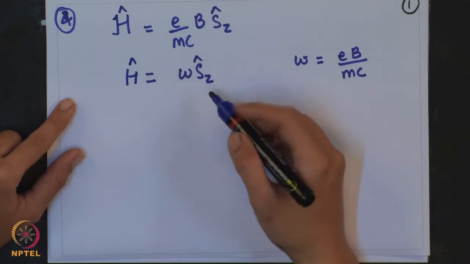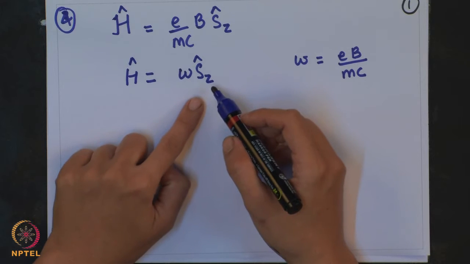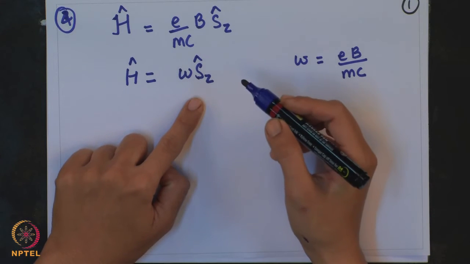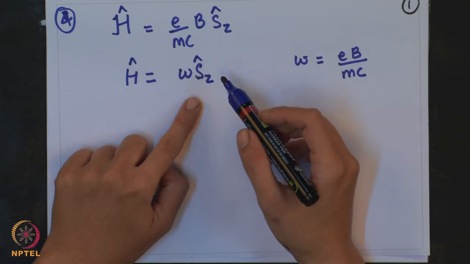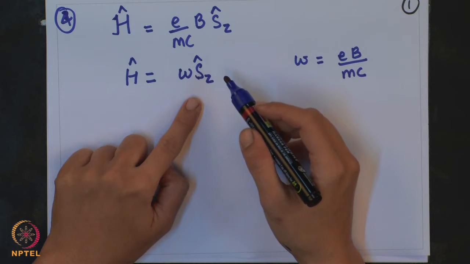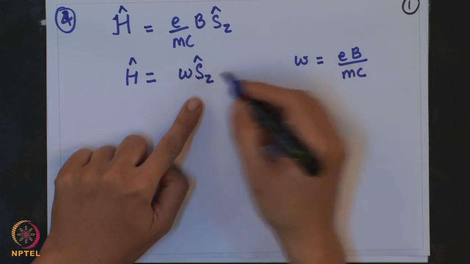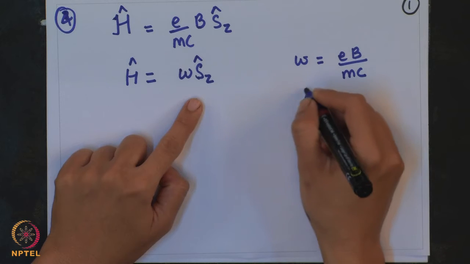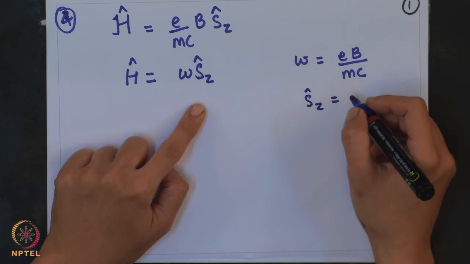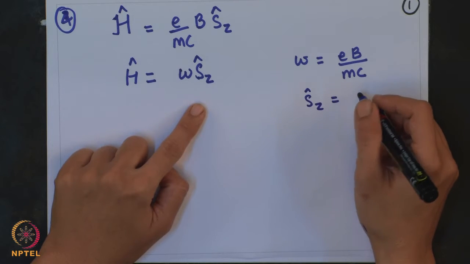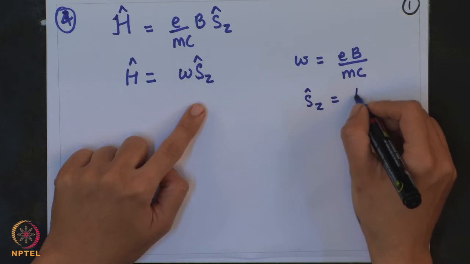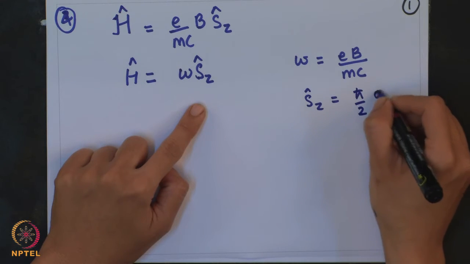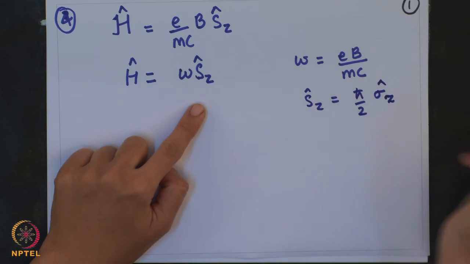This is the Hamiltonian operator in terms of omega, and Sz is the Pauli spin operator along the z component. You can write Sz in terms of the Pauli spin operator in the z direction. So, Sz is h cross by 2 sigma, this we all know.